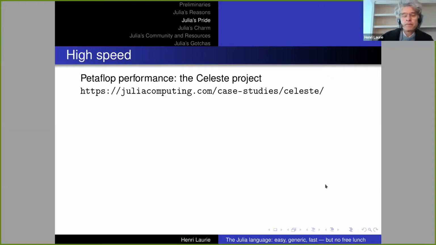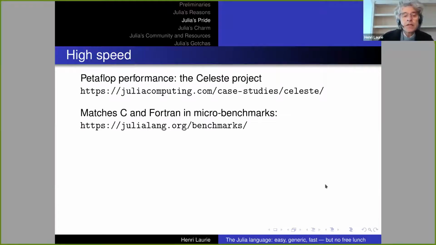Okay. Back to the talk. So that's the Celeste project. There are also these benchmarks, and I seem not to be linked, so that's why I have to keep dropping out. Stop the share here.